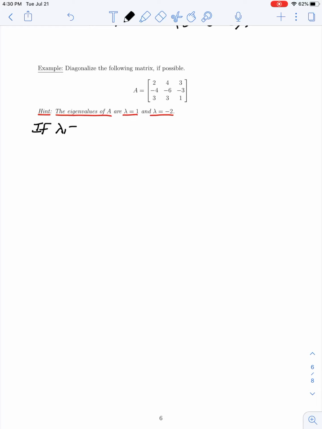So if lambda 1 is equal to 1, then to find corresponding eigenvectors, we're considering A minus lambda times I. So here A minus 1I times the vector x, we're setting that equal to the 0 vector. So expressing this system as an augmented matrix, we take A minus the identity, so subtracting 1 from the diagonals.